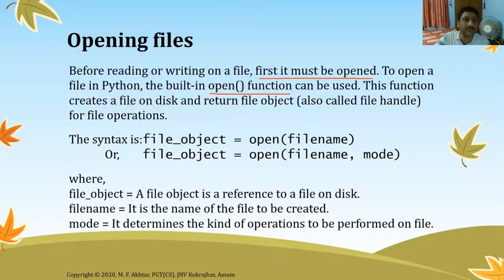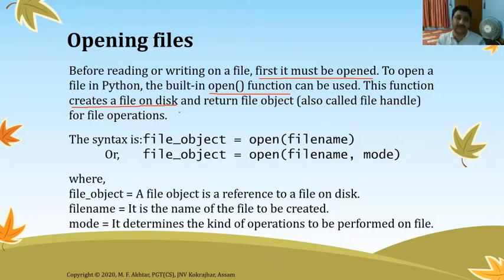This function creates a file on disk and returns a file object, also called file handle. First, we use this function, and what it does is it creates the file on disk, meaning in a permanent storage device, and it returns the file object. It doesn't return the file name, but it returns the file object.